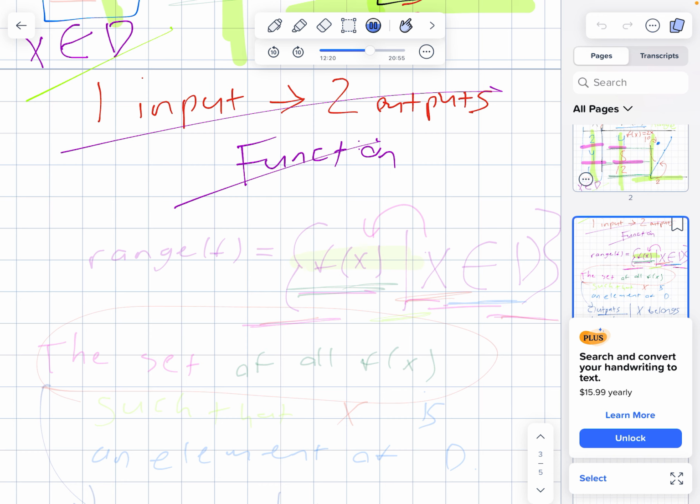A cool way that we can merge some of the notation tricks that we've learned is to do the following. Let's switch to a nicer color here.